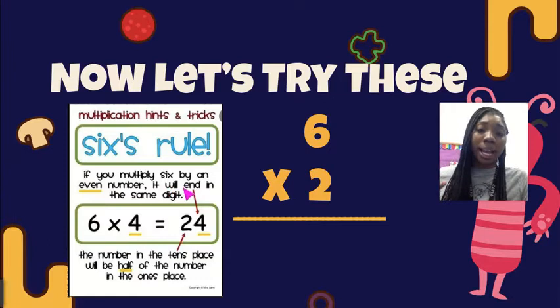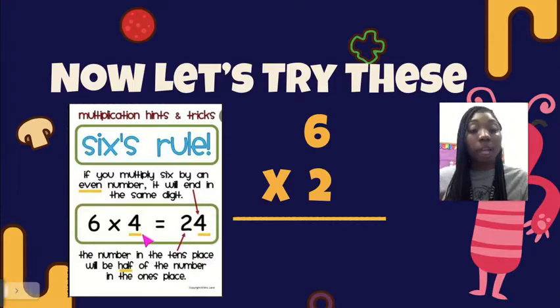If you multiply by 6 and it's an even number, that's very important. If it's an even number, it will end in the same digit as the number you are multiplying by. So let's look at this example. If you have 6 times 4, the last number will always be the number that you're multiplying by.